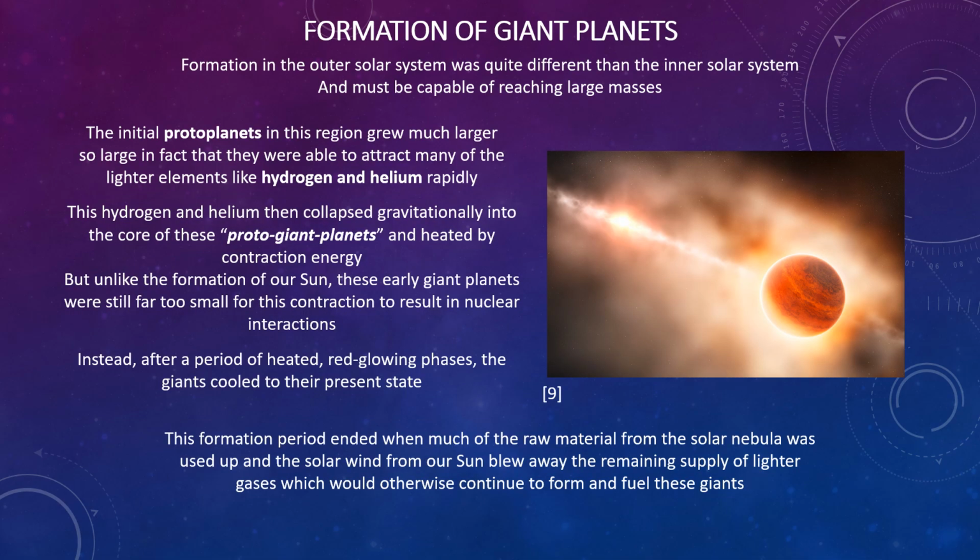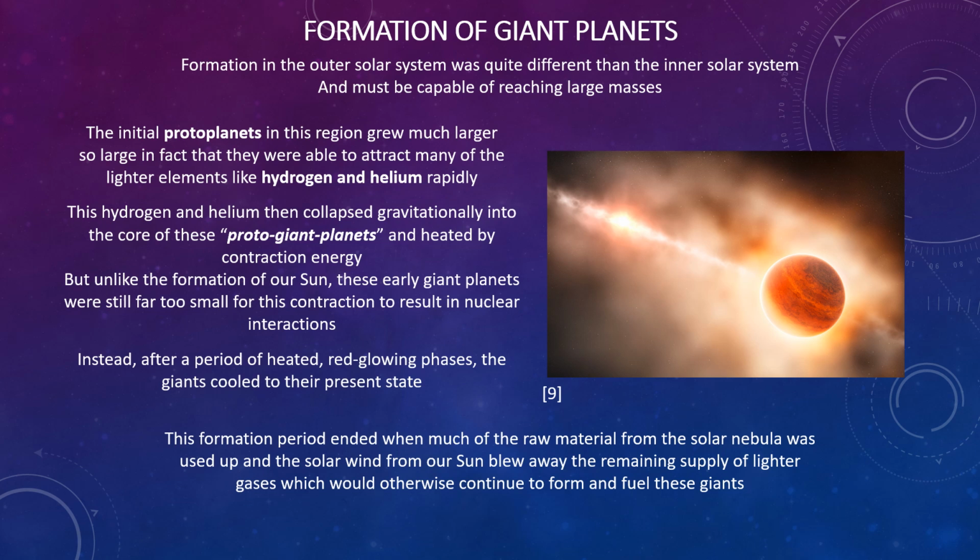The formation of the giant planets in the outer solar system was quite different from the inner solar system, and this allowed the outer planets to reach much larger masses. The initial protoplanets grew much larger, and they were able to then attract the lighter elements like hydrogen and helium quite rapidly. This hydrogen and helium then collapsed gravitationally into the core of these proto-giant planets, and they were heated by the contractional energy of gravity.